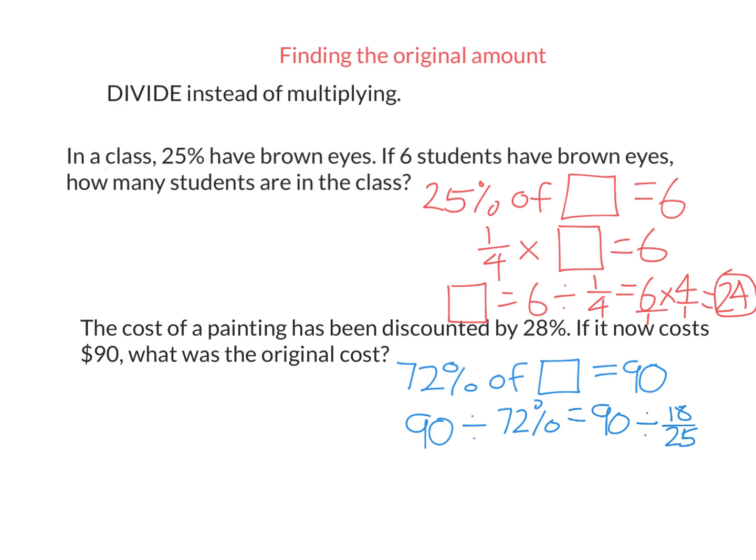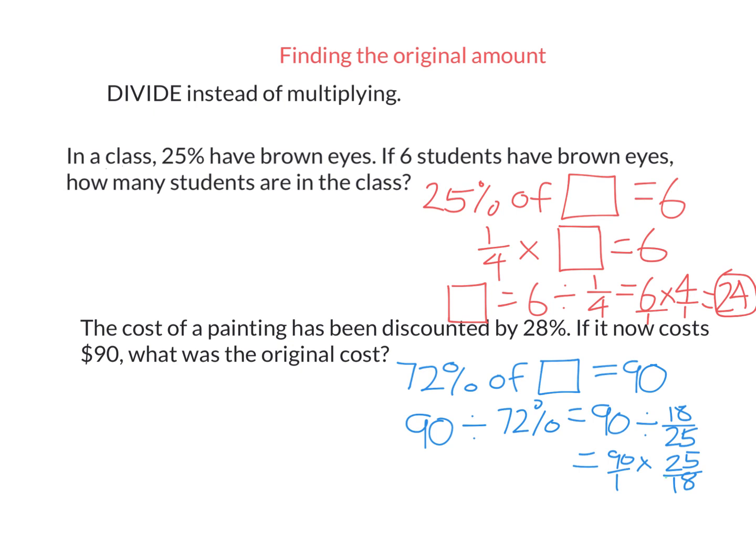So of course, when you're dividing, we're going to flip the second fraction and make it a times. And we're going to write 90 as 90 over 1. Okay, so 90 times 25 and then divided 18, that would take quite a while. So let's see if we can cancel, if there's anything on the top and anything on the bottom that has a common factor.